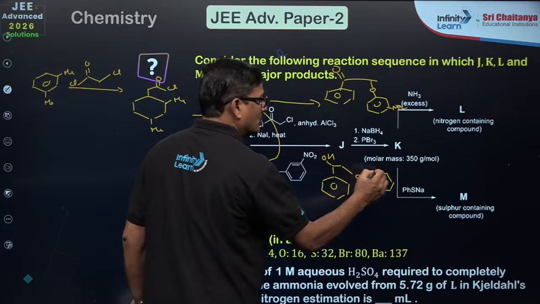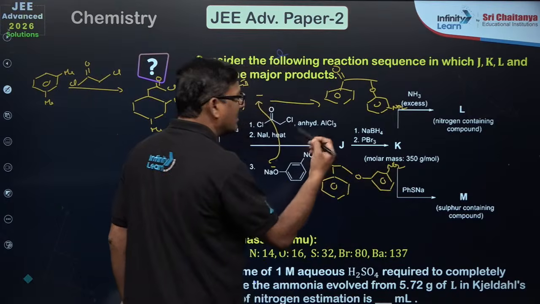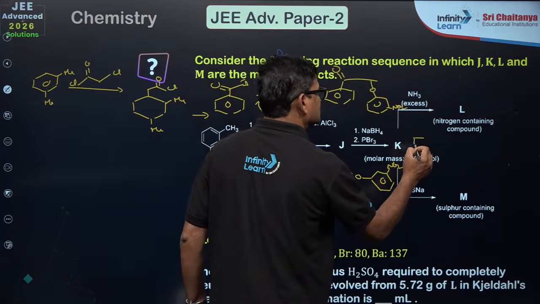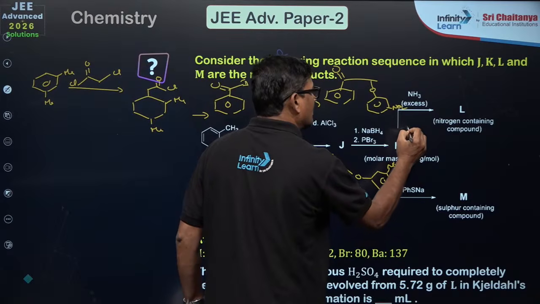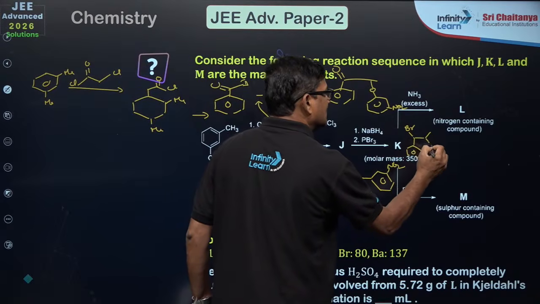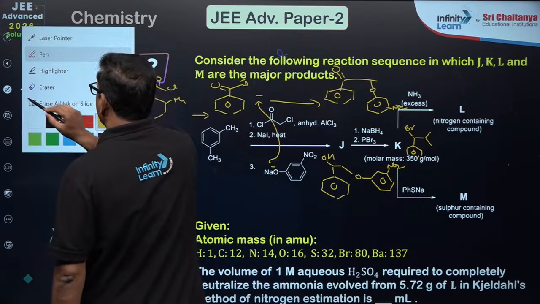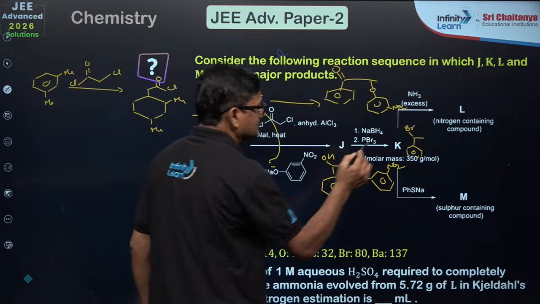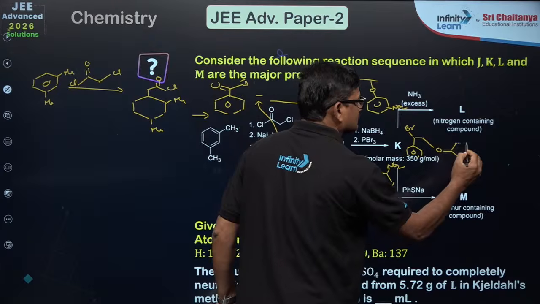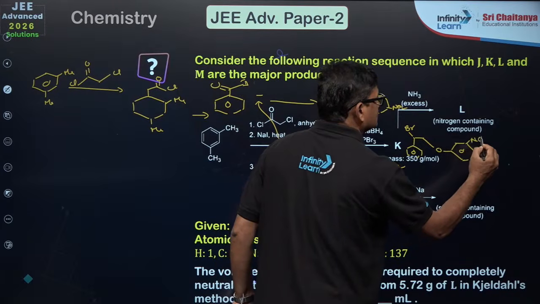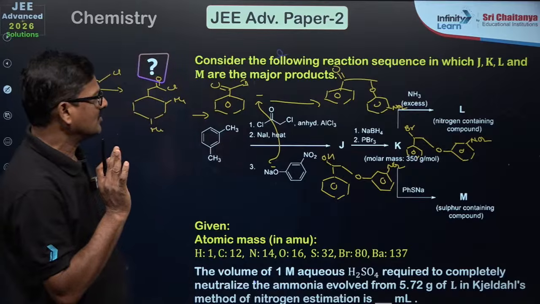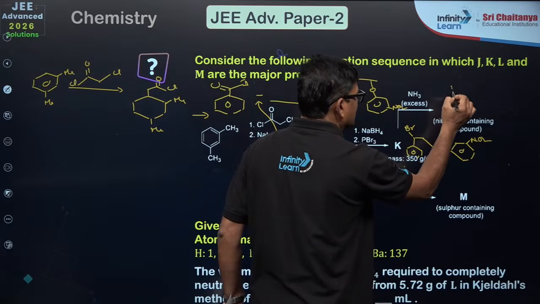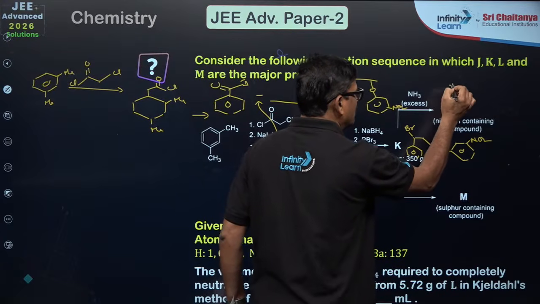At meta position NO2 should be there, and with PBr3 you are going to get Br here. So, it is a nitrogen containing compound, and if it is treated with NH3, NH2 should be in the place of Br.